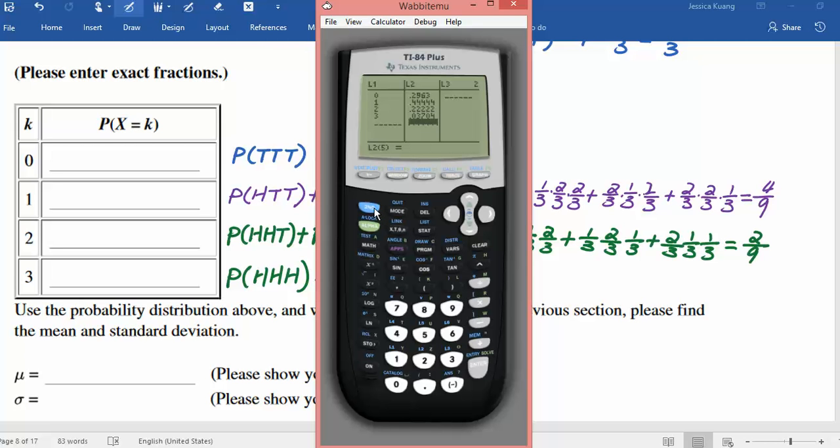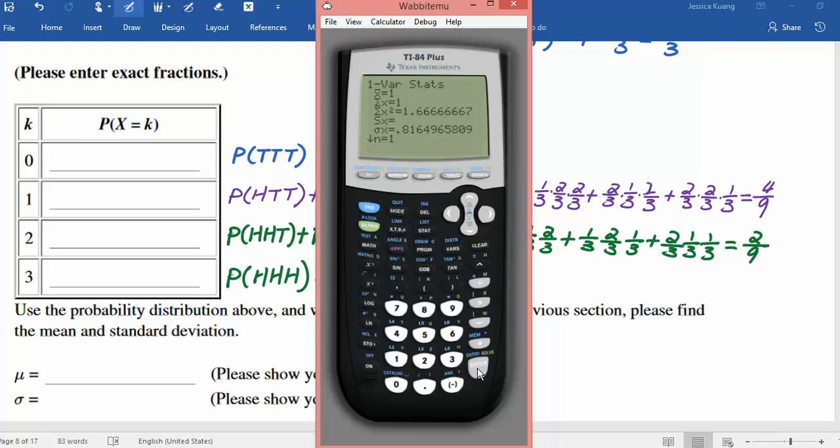Okay, so now I finished entering my probability distribution table and the x values in L1 and the probabilities in L2. Now let me press second mode, and then I'm going to press Stat, scroll to my right, and this is one variable statistic, and I will use my L1, comma, L2.